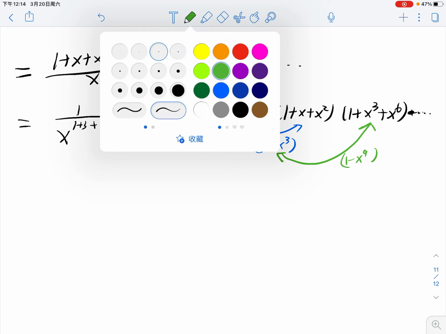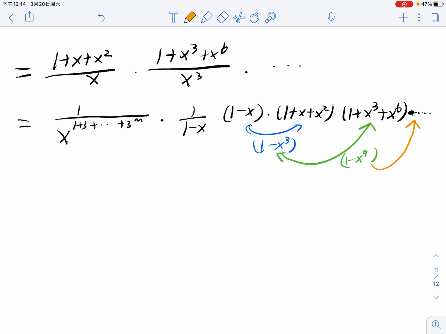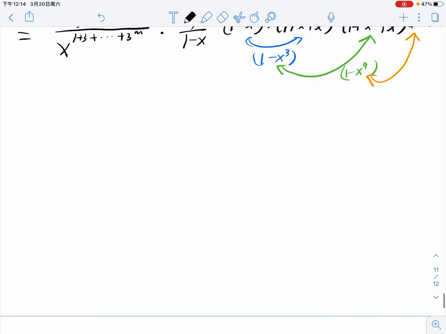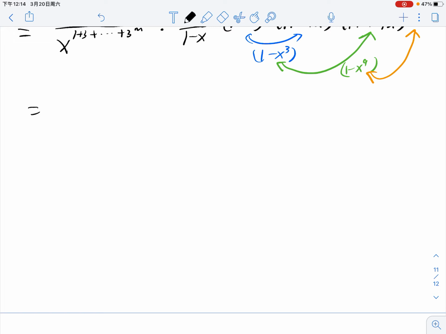And then you can combine x to 9 with the next term. So finally, you will have 1 over x, 1 plus 3 plus all the way to 3 to m's power, times 1 minus x times 1 minus x to 3m plus 1.